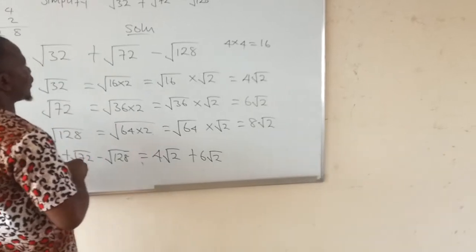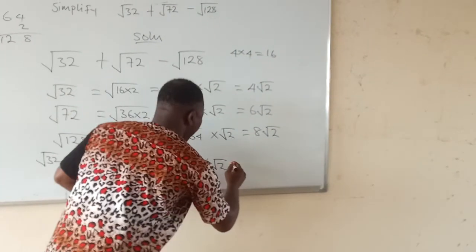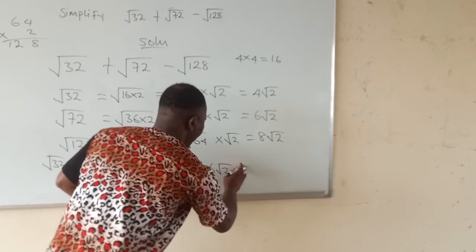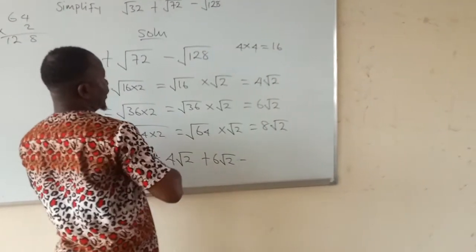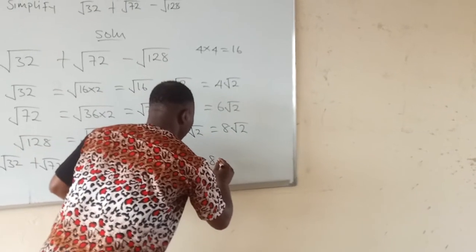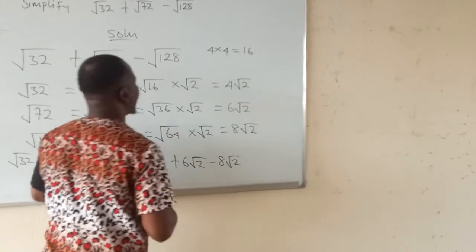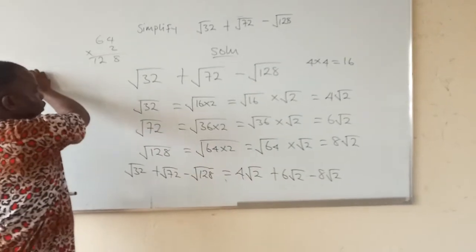Okay? What do we have here? The operation sign here is minus square root of 128. Instead of 128, we write 8 root 2. Are you following? Okay.